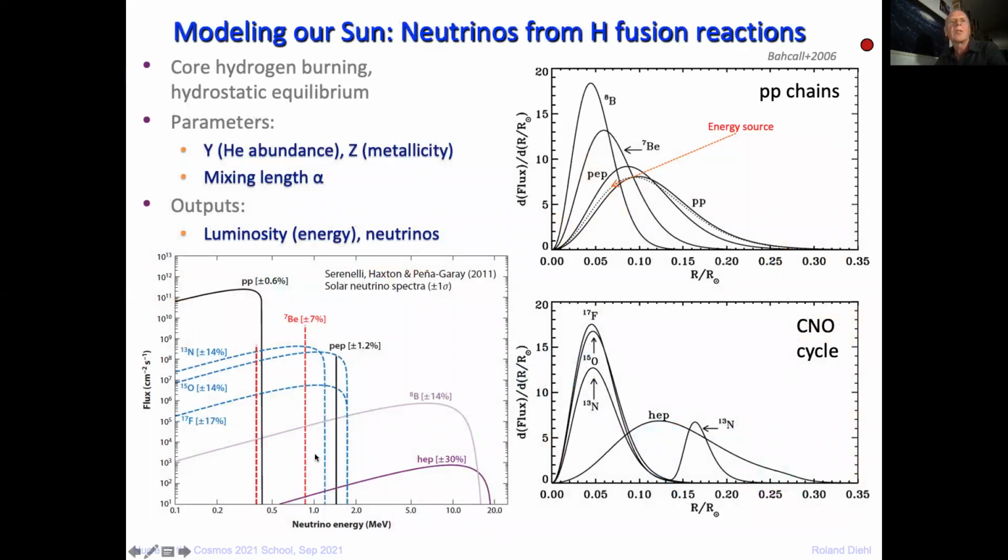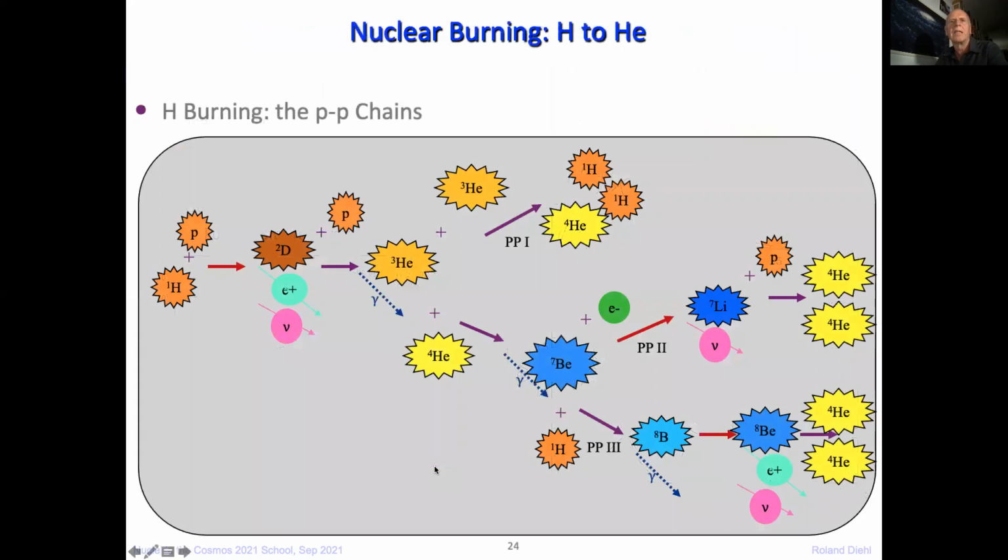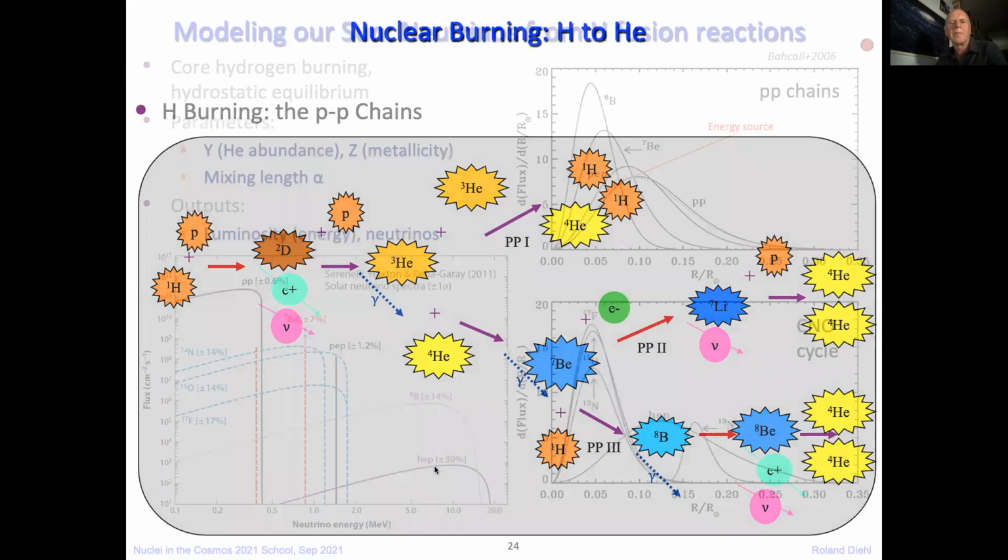Here are the spectra shown for the characteristic neutrinos from beryllium, from boron, and from the other different processes that I showed on the previous slide in these different PP chains.